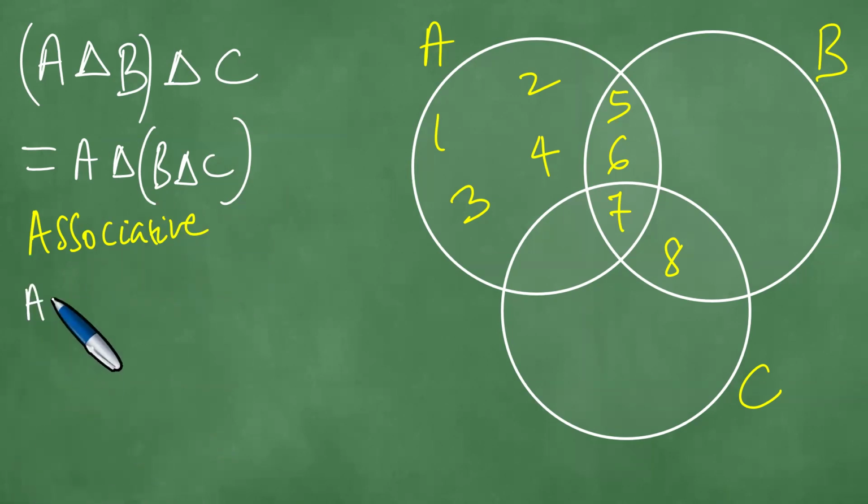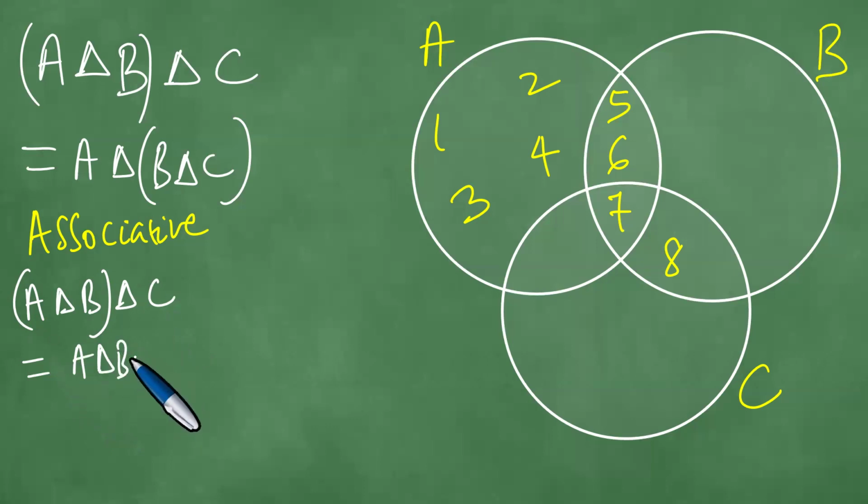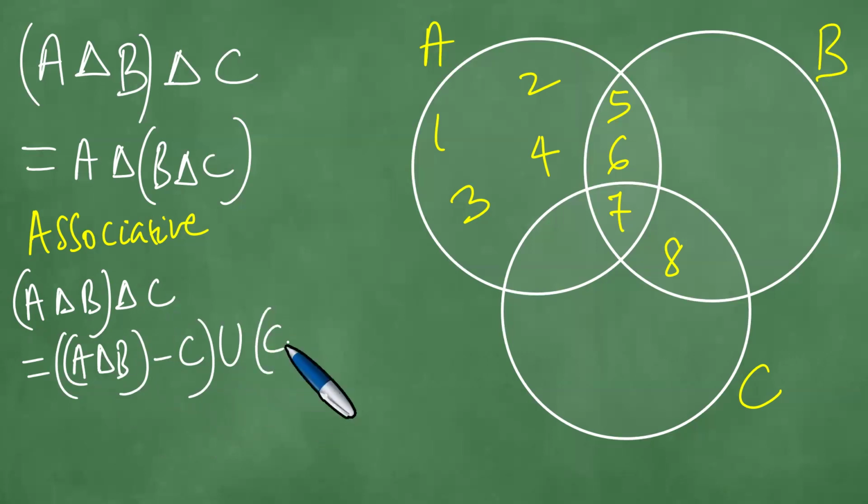Okay. So in other words, the symmetric difference of A, B, and C, we're going to look at it like this. It is the same as the symmetric difference of A and B, you subtract C from it, union C minus the symmetric difference of A and B. Okay, that's what we write like this.